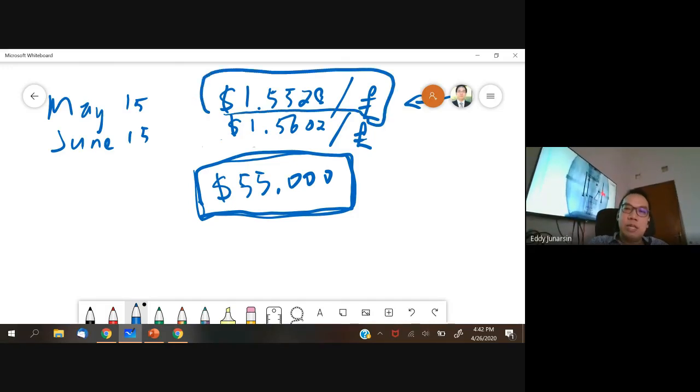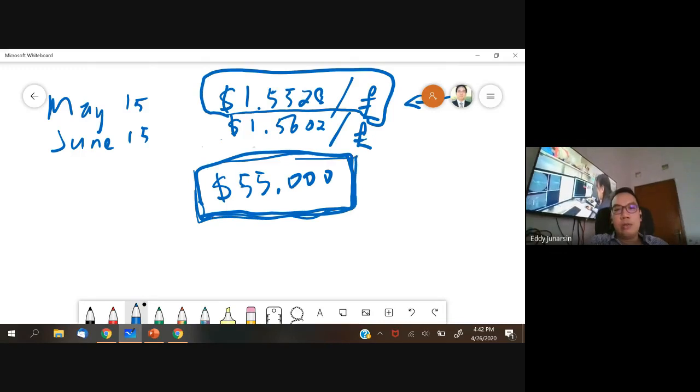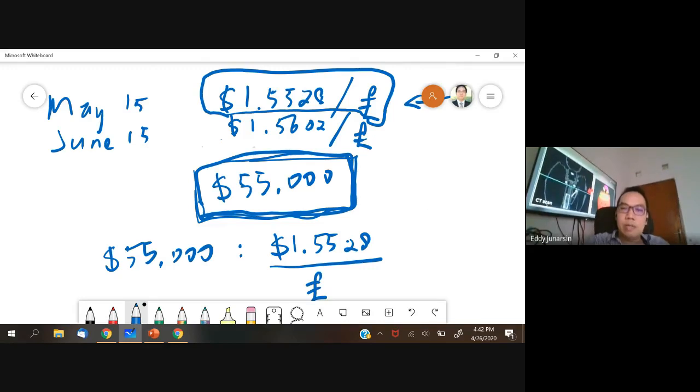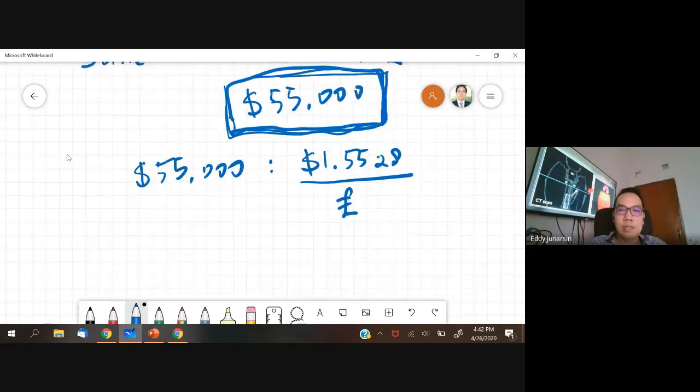Look carefully. Because the currency mentioned is the same in front, you divide. If they're the same at the back, then you multiply. So they are the same in front: a dollar in front, and this is US dollar. So you divide. How much is it? 55,000 divided by 155.28 per pound. Okay, so how much is it in pound?